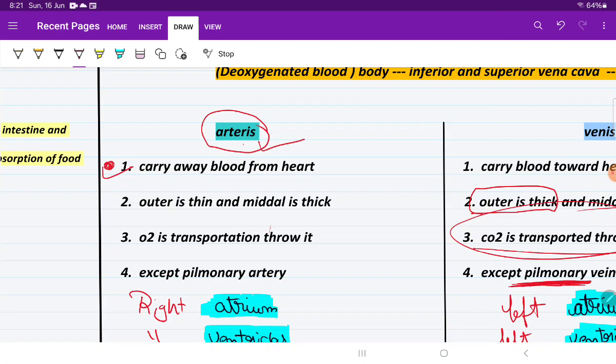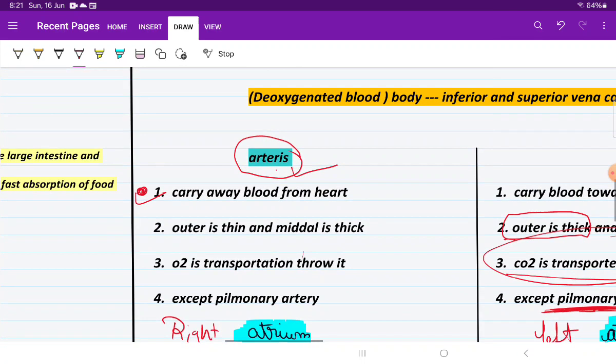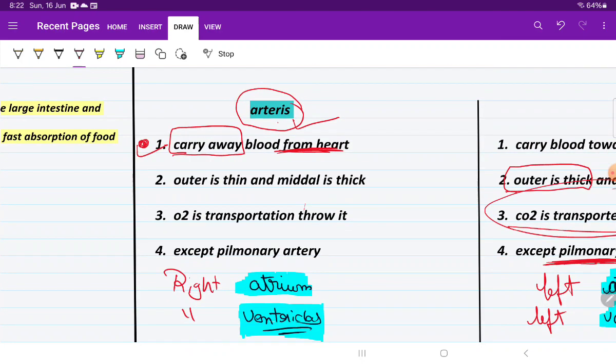The heart is a pump and the oxygenated blood is pumped every time and transferred to our body. So arteries carry blood away from the heart. Then their walls are thin.